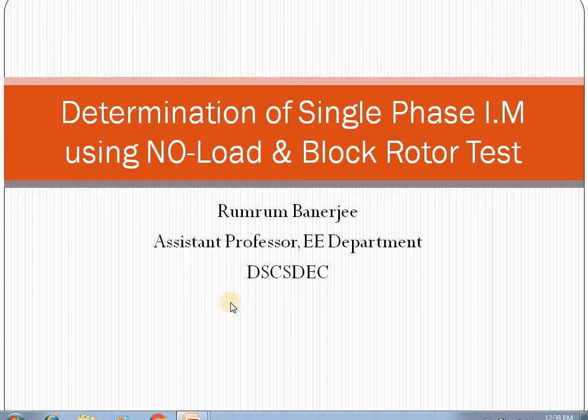So here we will determine the equivalent circuit parameters of a single phase induction motor using the no load and block rotor test. In the no load and block rotor test, basically it is performed on single phase induction motors based on two things.